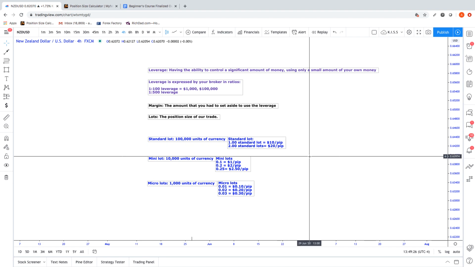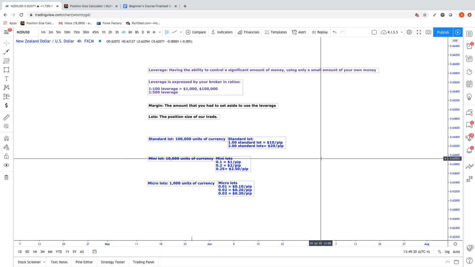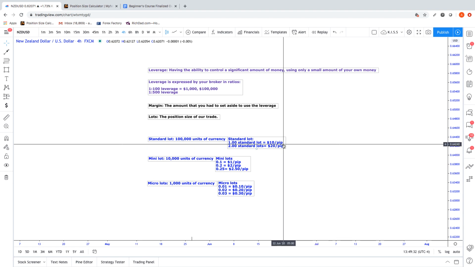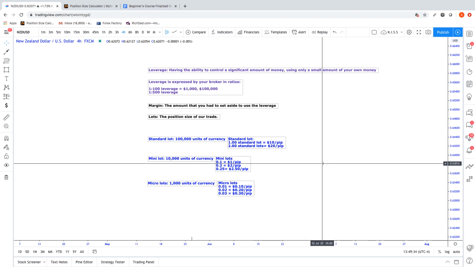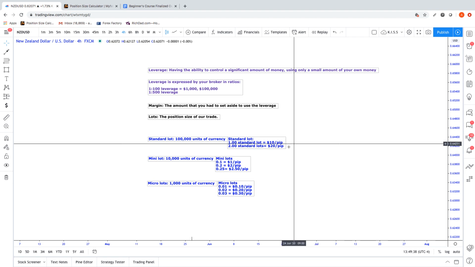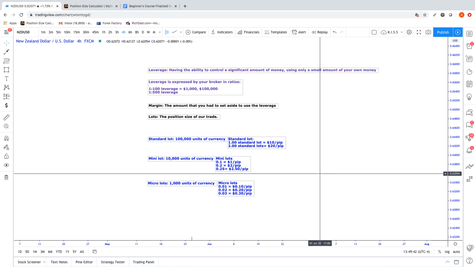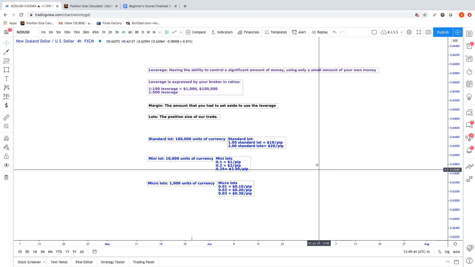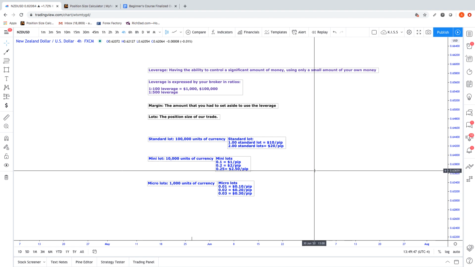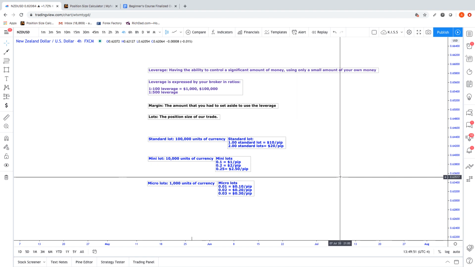So if we're buying a currency pair and it goes up by 1 pip, we have made $10. If it goes up by 100 pips, we've made $1,000. And obviously vice versa if it goes in the opposite direction. If we buy it and it goes against us 1 pip, we are $10 in drawdown. If it goes down 100 pips, we're $1,000 in the negative.